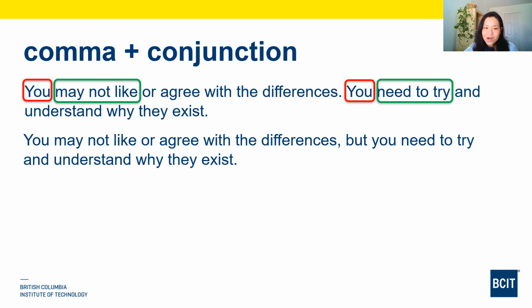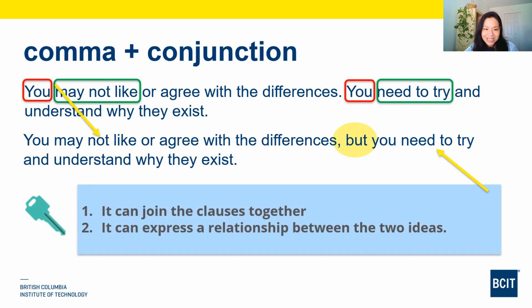Here we have used a comma and the conjunction but to create one new compound sentence. The ideas in the two clauses are contrasted to one another. One is negative and the other positive. Therefore, the conjunction but was selected. So now we can see that this conjunction in the sentence actually has two purposes.